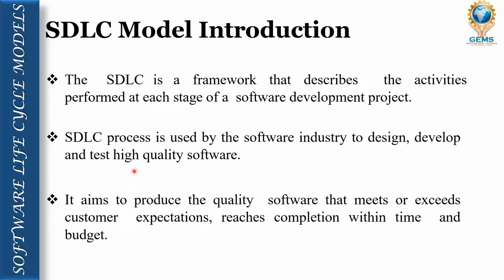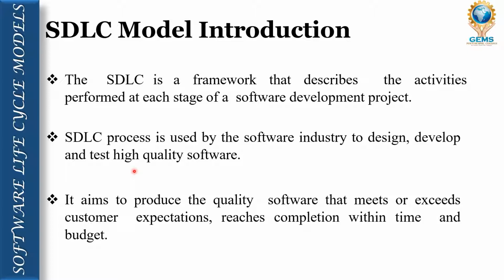Third point says here, the aim is to produce quality software, which means we want to meet the customer expectation. That means the SDLC model has the aim to produce quality software which meets or exceeds the customer expectation within the time and the budget.